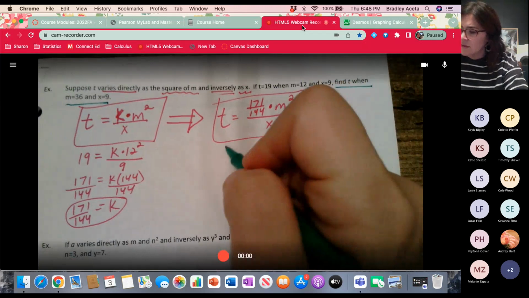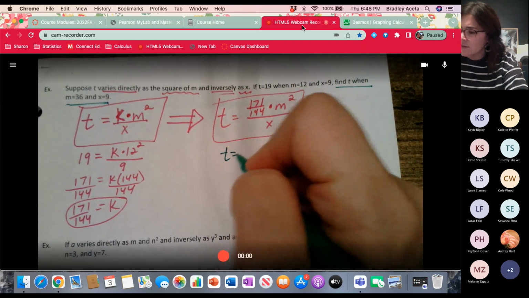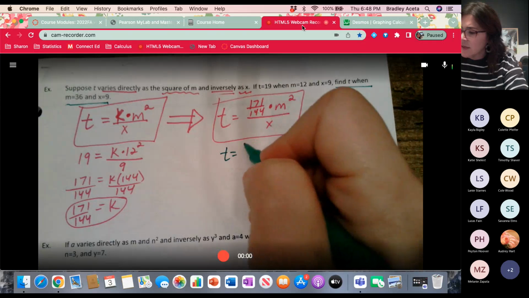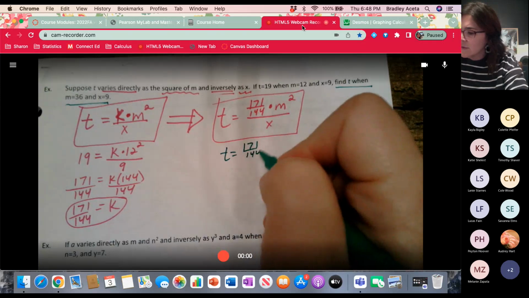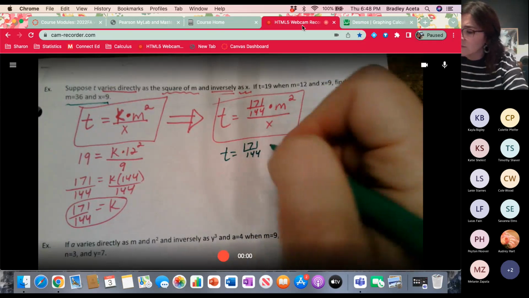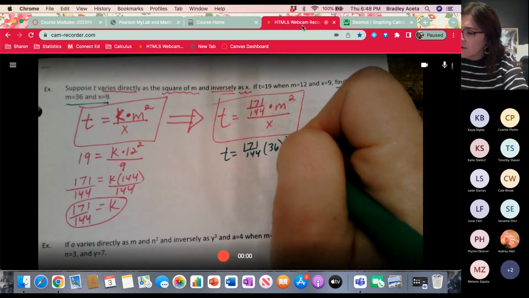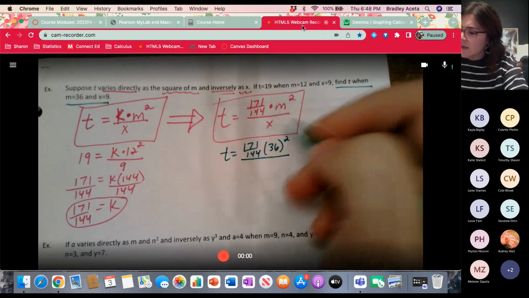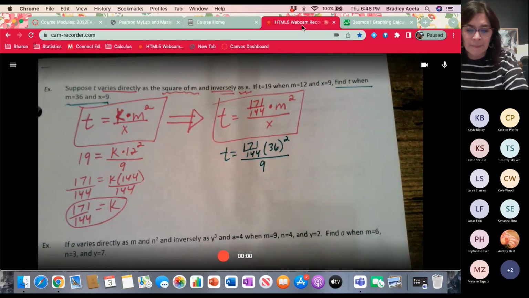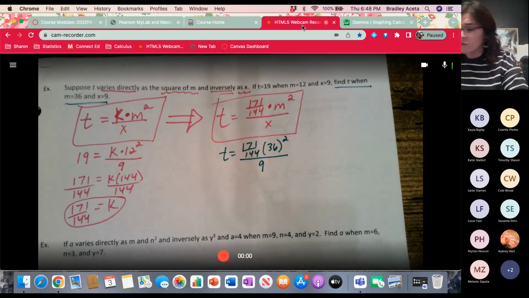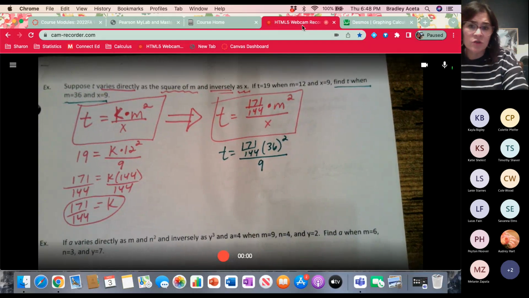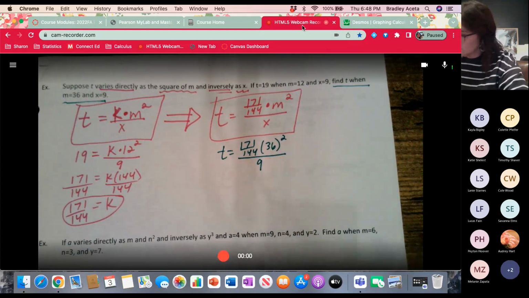Okay. So find t, here's t. m is 36. I know what k is. k is 171 over 144. m is 36 squared, and x is 9. And you're going to do, please excuse my dear Aunt Sally, so make sure you do the 36 squared first.